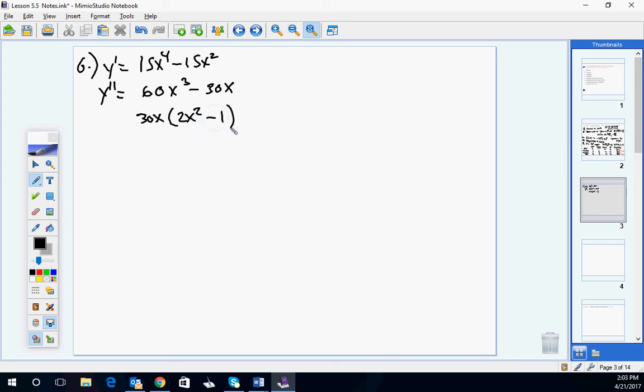So my critical points in my second derivative have 0 and plus or minus square root of 1/2. So with those three values.